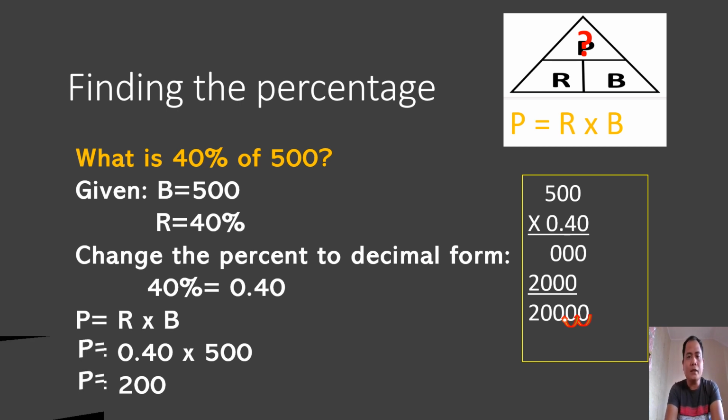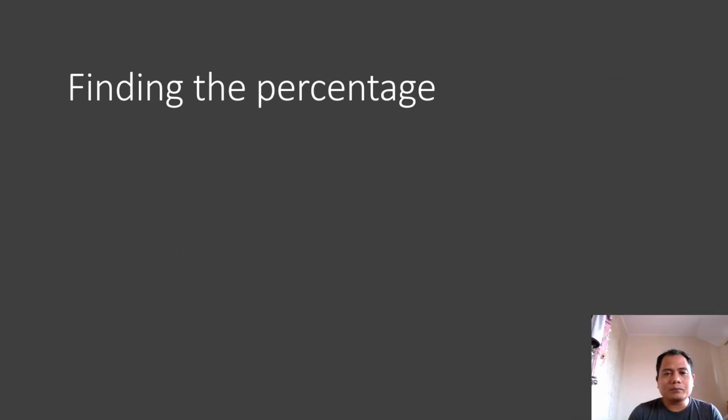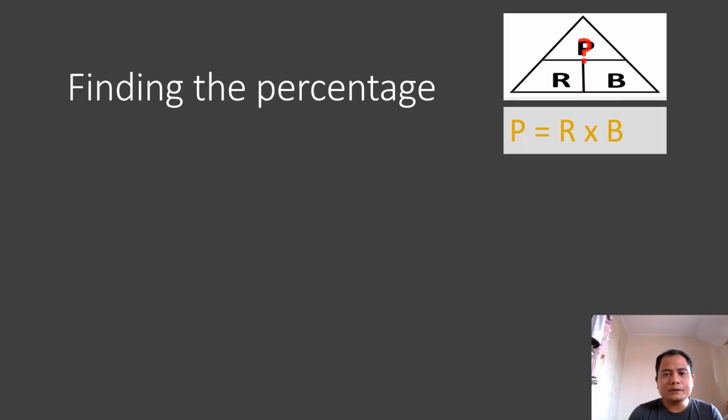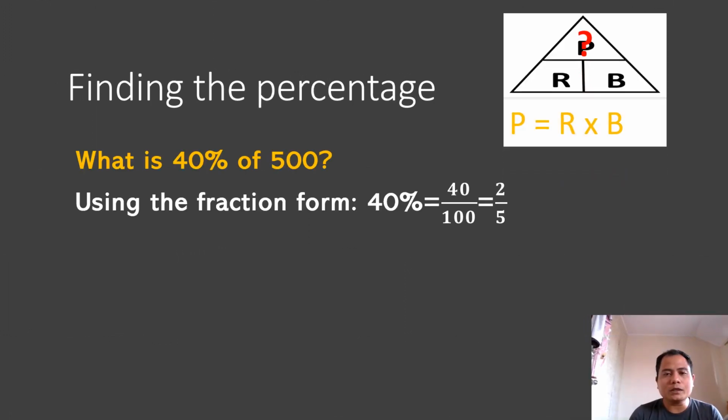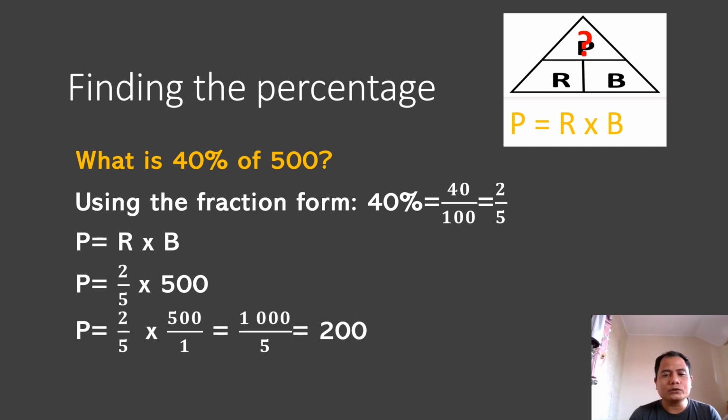Let's try another way. We can also find the percentage using a fraction form. So 40% in fraction form is 40 hundredths, or in simplest form is 2/5. So we apply P equals R times B. So the P is 2/5 times 500. So we can use 2/5 times 500 over 1.